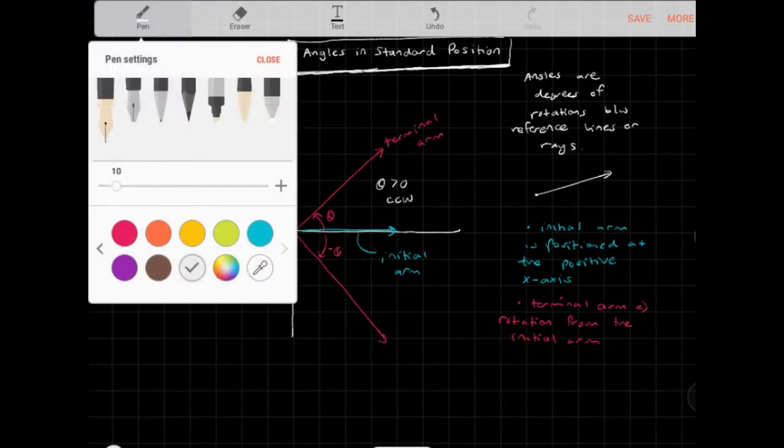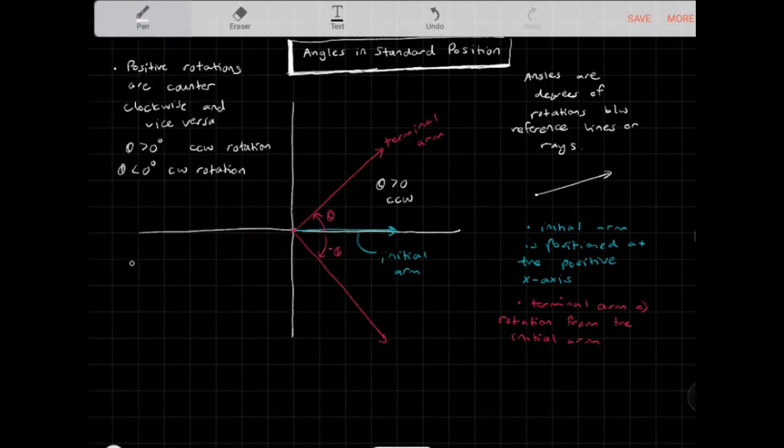The other thing to note about standard form is that the vertex of the two rays or lines should be the origin. Okay, so the origin being, so this is a vertex. A vertex is basically where two lines or rays meet.